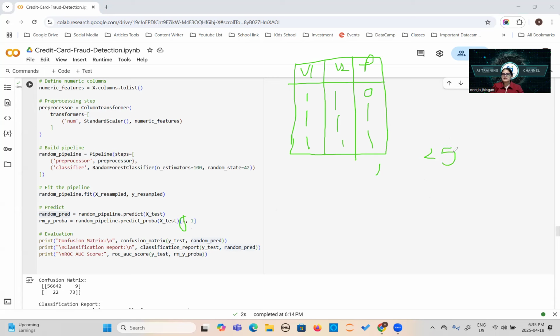So how many records are coming in the 25% of the data, and we are picking only the fraud case. Okay, one belongs to the fraud case. So it will tell us what the chances are of these transactions lying under the fraud cases.